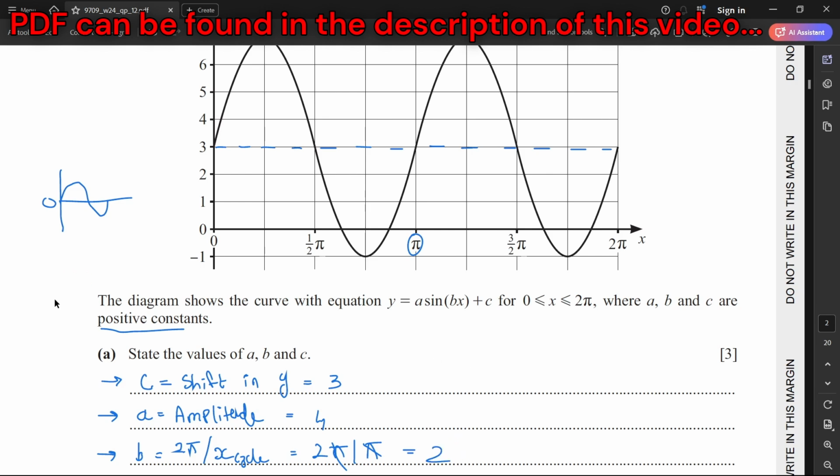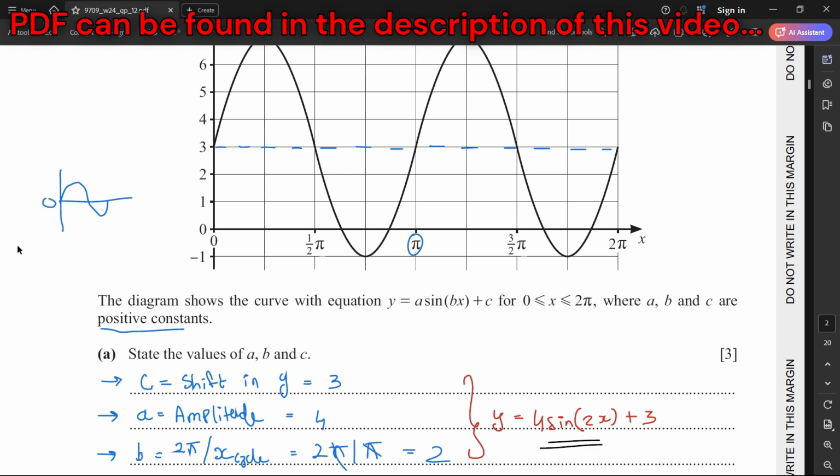So what does this indicate? This indicates that my final curve is going to become y is equal to 4 sine 2x plus 3. So that becomes my final answer over here.